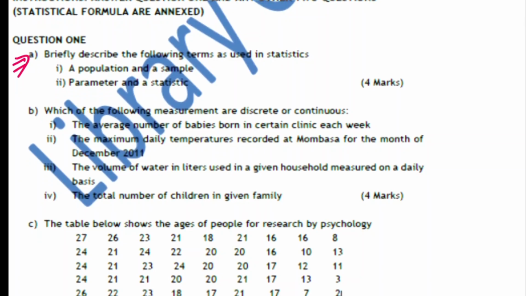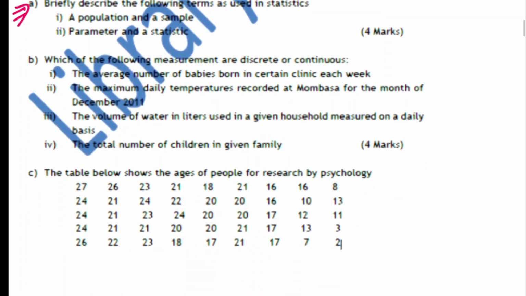Number B, which one of the following measurements are discrete or continuous? So first we'll describe what is discrete and what is continuous. And then we will go through each one of these 4 items. And then here is where I stopped.